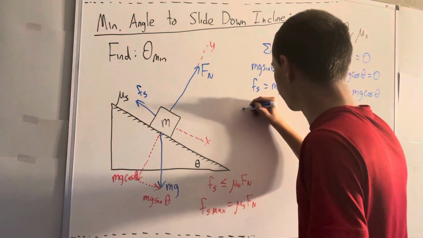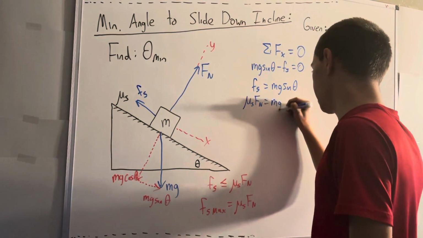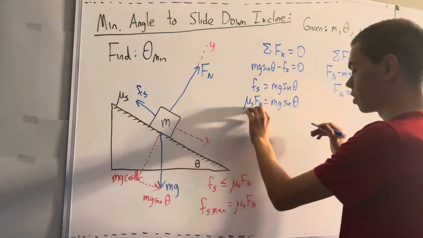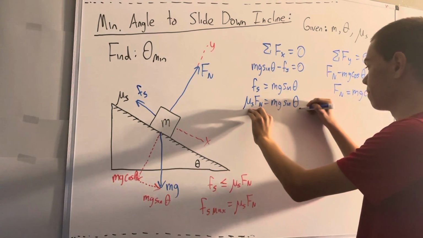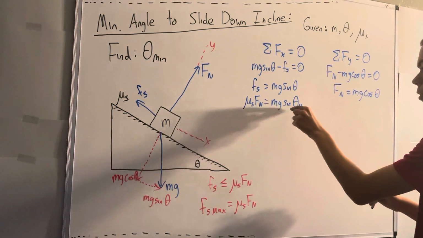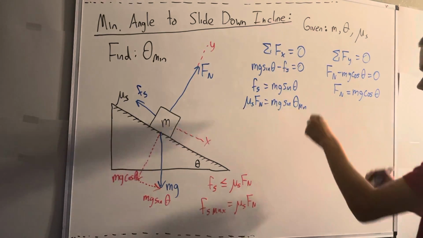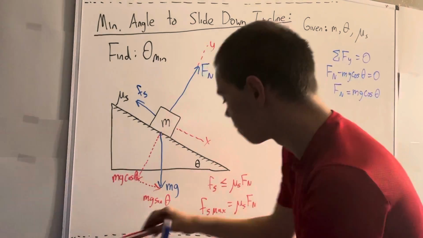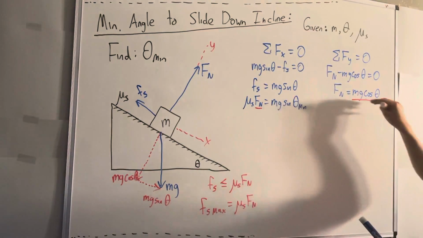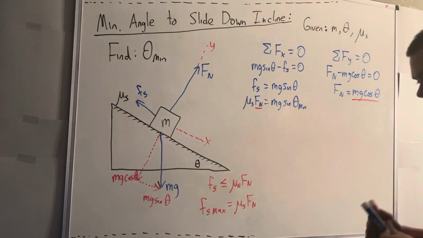So really we have mu s Fn equals mg sine theta. And remember, this is our maximum static frictional force, so it's the minimum angle required to make this block slide, right? So now we're going to solve for theta min. Now we also know that the normal force is equal to mg cosine theta. So we just write mg cosine theta for the normal force.